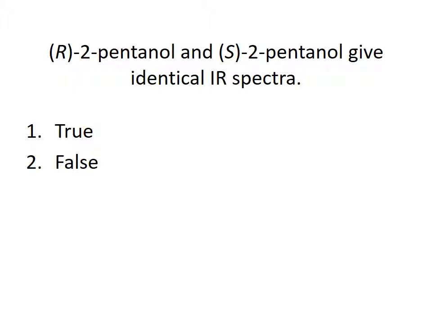Does infrared radiation involve the rotation of light? No. It's the absorbance of light in a vibrational mode. So the answer to this is these would have identical IR spectra because it does not involve chirality. It only involves vibrational modes.